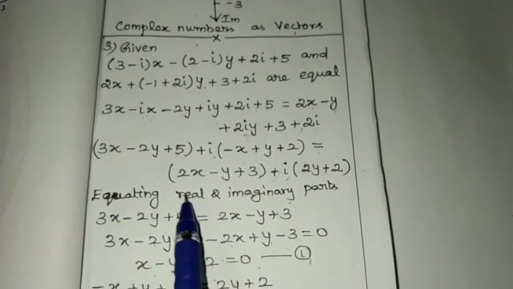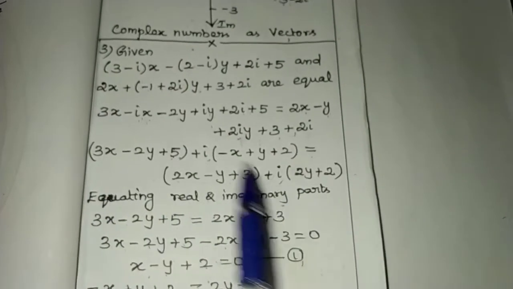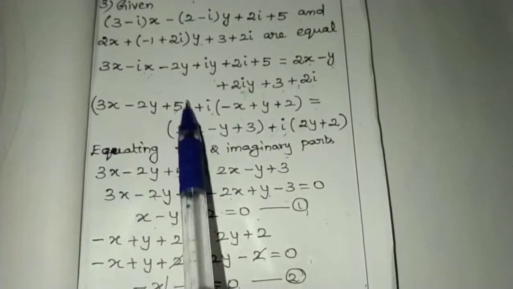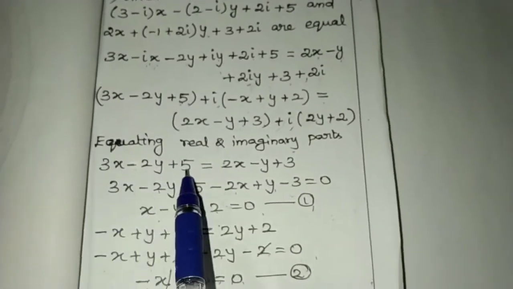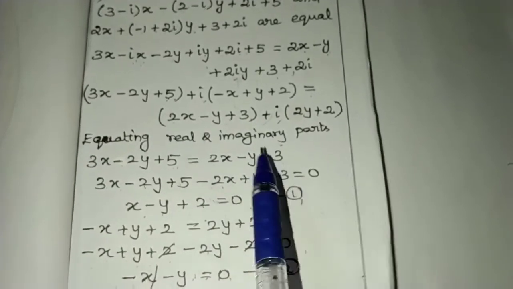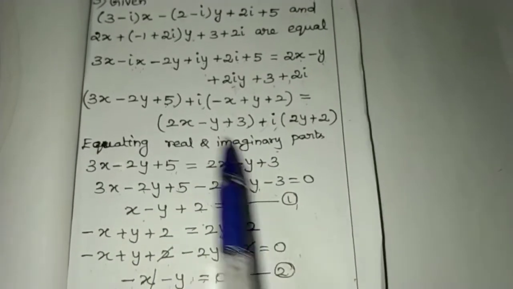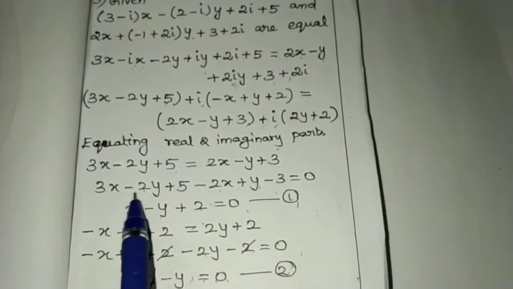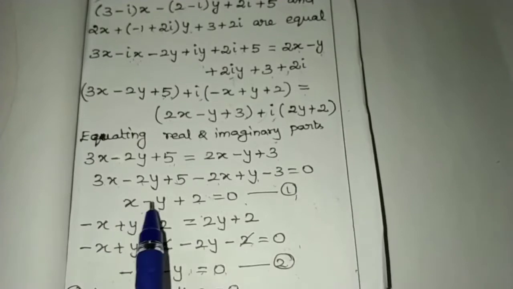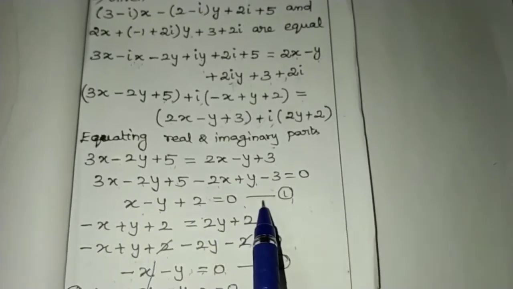Okay, equating the real and the imaginary parts in LHS and RHS. Real part: what is the value? 3x minus 2y plus 5. Here real part 2x minus y plus 3. LHS go to that side, RHS go to that side.